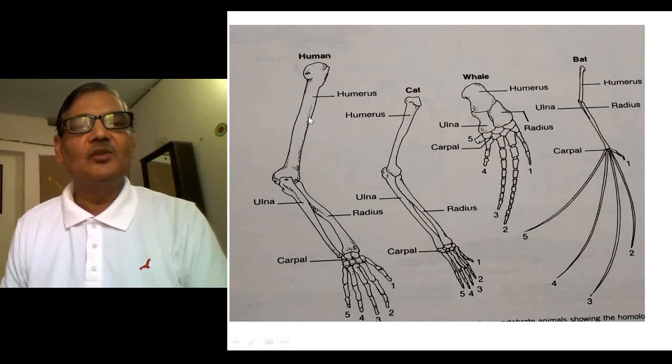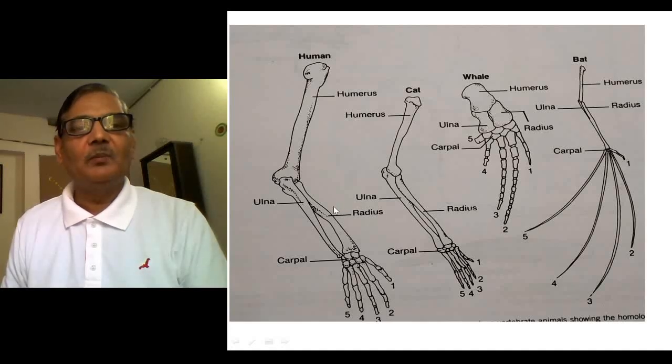In all these cases, you find the presence of the humerus bone, and the radius and ulna. In all these cases, these two bones are there. Then there may be reduction in carpals, metacarpals, or phalanges, or they could be highly elongated just to give support to a flap-like structure. So all these things happen because they are adapted to different modes of life.